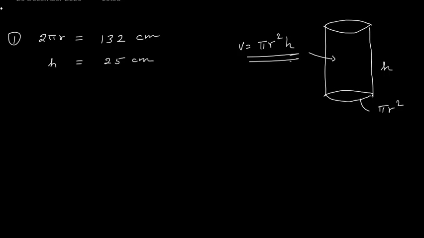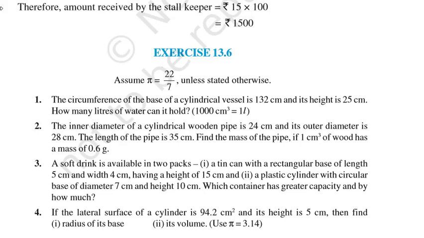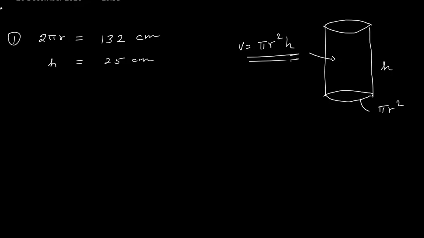So we have to find how much water this cylindrical vessel can hold, means we have to find volume. Volume is question mark. So here volume is pi r square h. For that we need to know what is the value of r. So from this, 2 pi r is equal to 132.